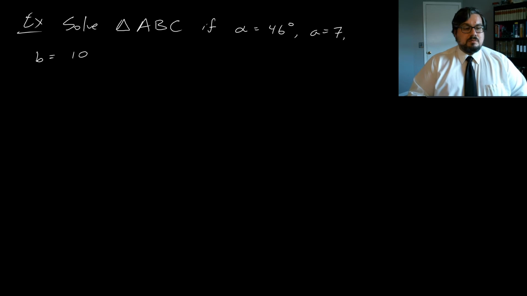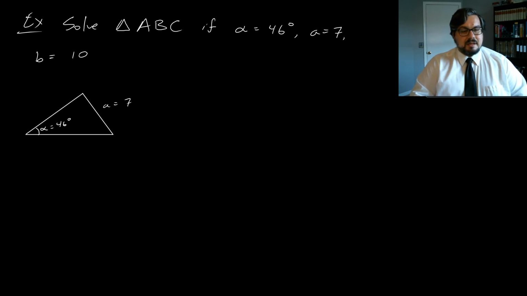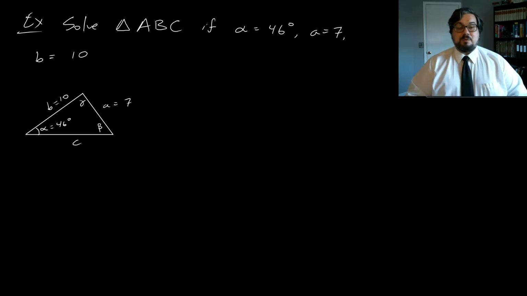All right, so we can draw our triangle to keep track of our things. We've got alpha is 46 degrees, a is equal to 7, b is equal to 10, and we've got beta, gamma, and c over here, which we want to figure out.